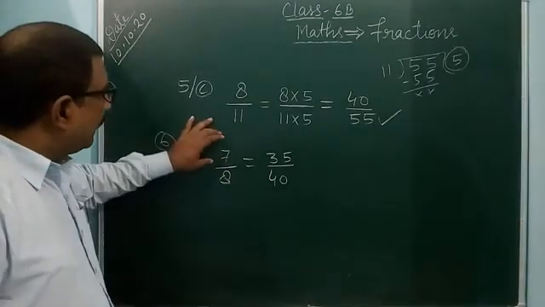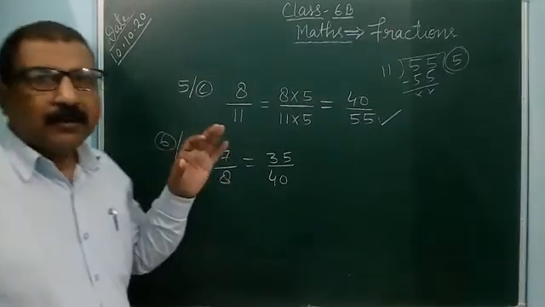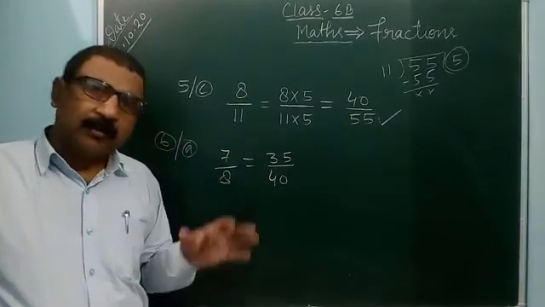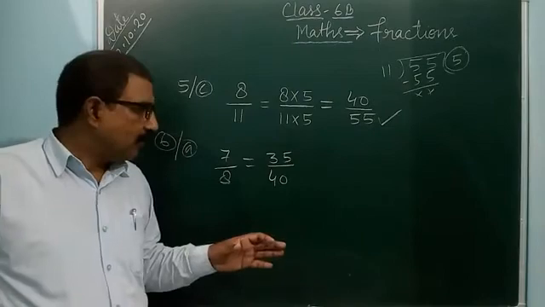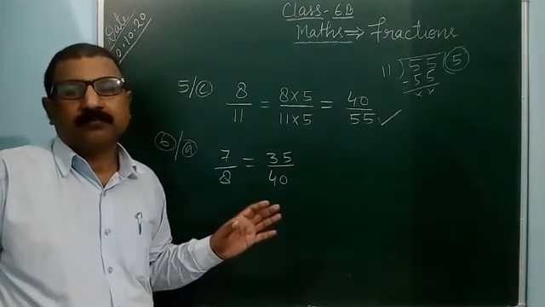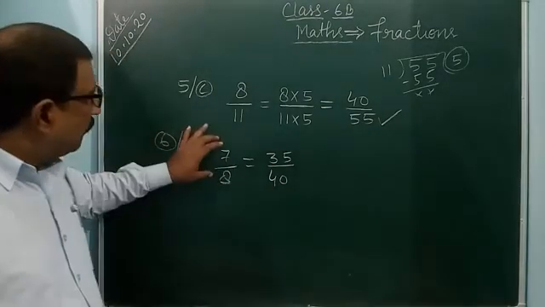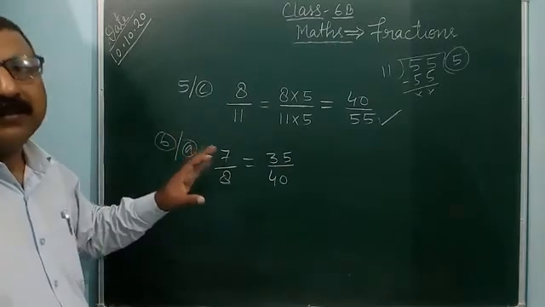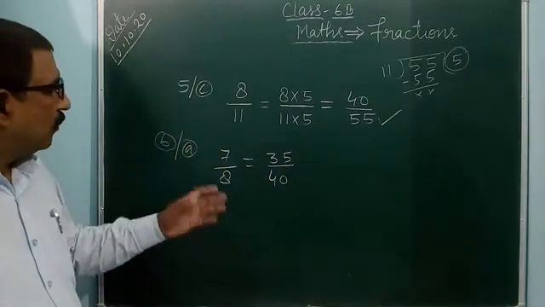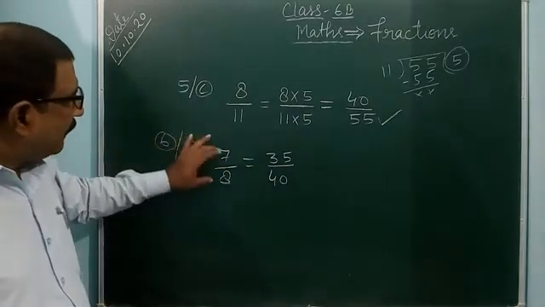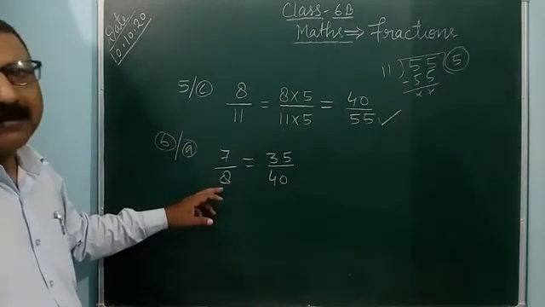If the number in numerator is a prime number, it is not divisible by the denominator. In this way, 7 by 8 is called the lowest form.